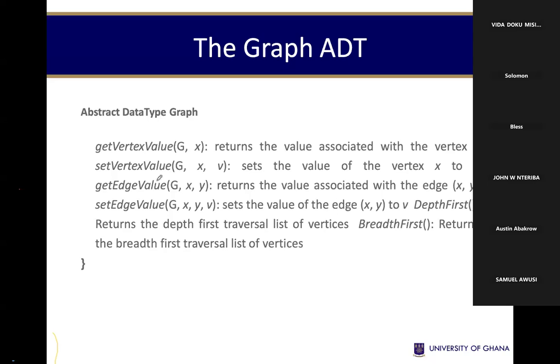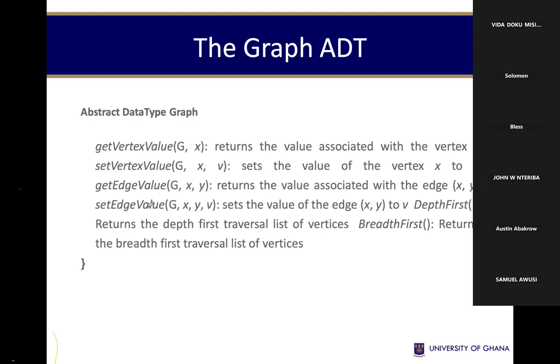Then when I come to get edge value, the edge in the graph is xy. What is the value of the xy, right? Because an edge is always a connection between two vertices. So let's say the value of xy, in terms of the duration, is 24. Okay, so it is going to get me that 24.